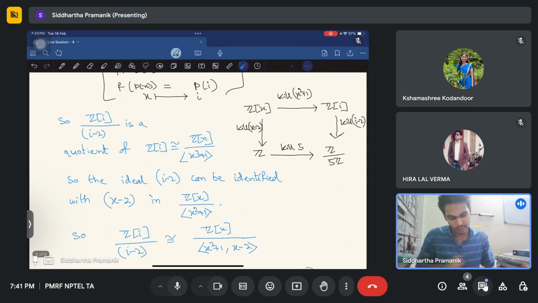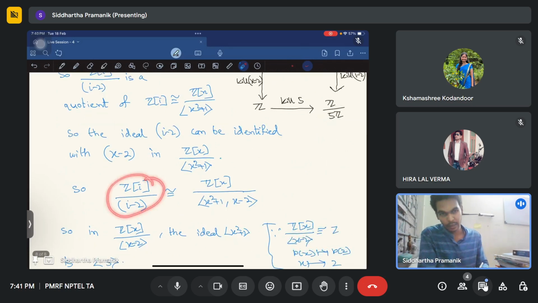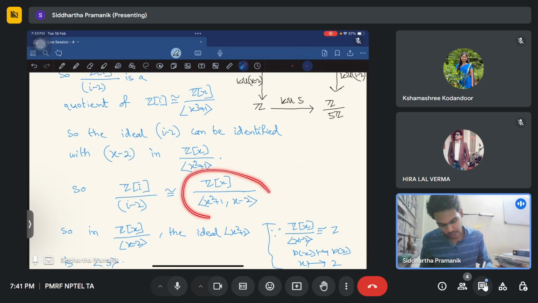So what we have done is we have Z[i] mod (i − 2), and we have identified this with this quotient ring. Now we are killing x − 2 first, then we are killing x² + 1. And you can do the other one also. You can kill x² + 1 first and kill x − 2 second. But that will be complicated. So we are just doing the reverse thing.